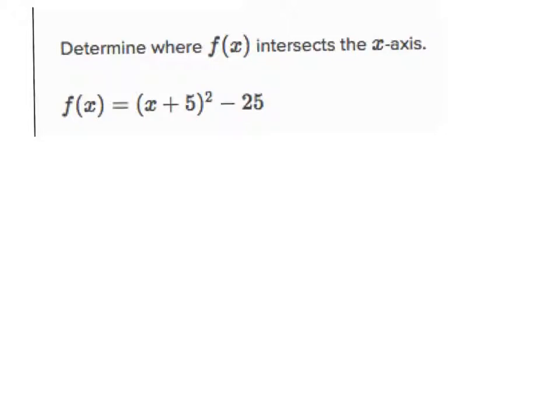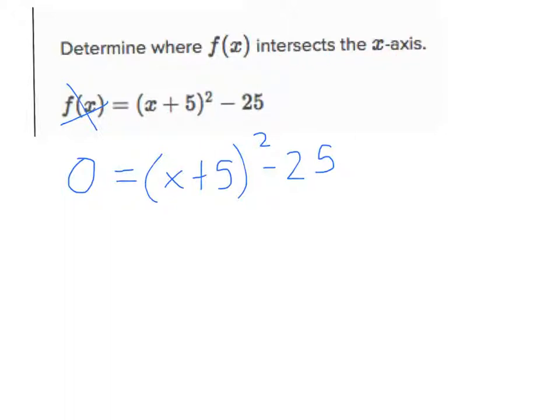Okay, so here's just another example, and what this one says is determine where f of x intersects the x-axis. What that means is basically taking the f of x and putting 0 for it. So if I have x plus 5 all squared minus 25, when I take my function right here and set it equal to 0, the solutions are the intersection on the x-axis.